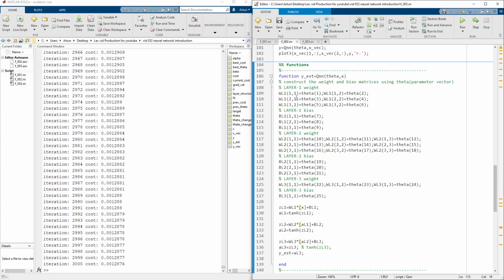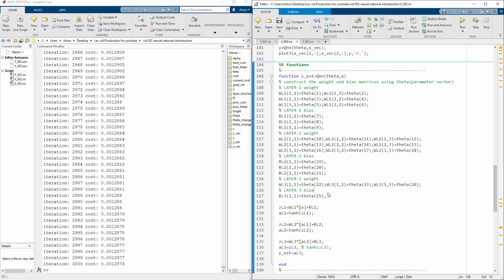But you need to be careful about the arguments. This is WL1 and BL1. Same thing for layer 2 and the bias of that layer. And again, be careful about the dimensions. This is the layer 3 weight and bias terms.